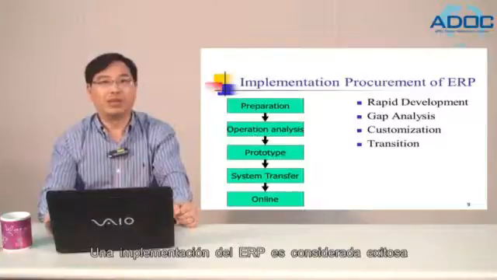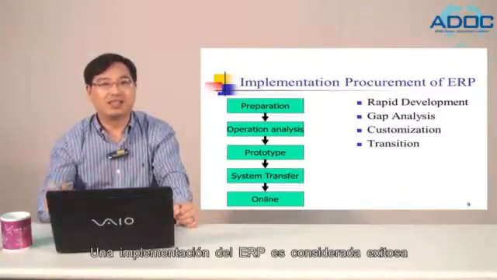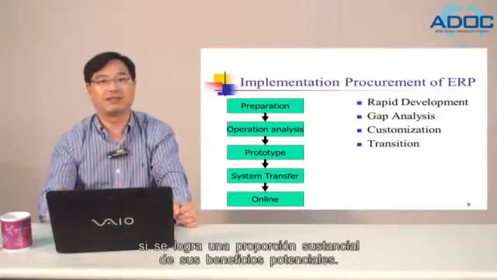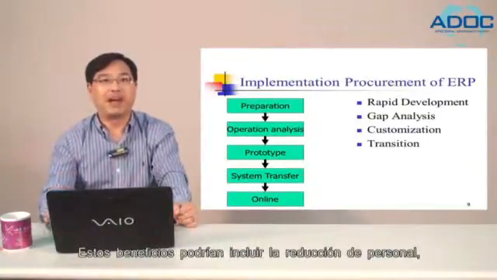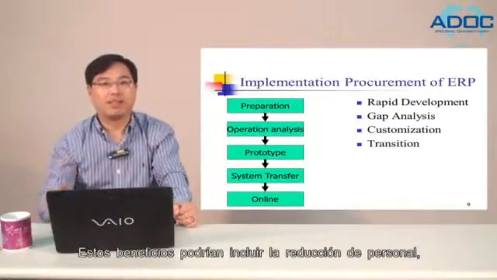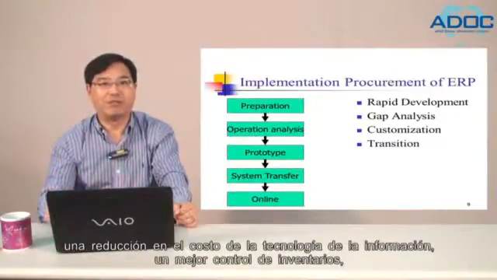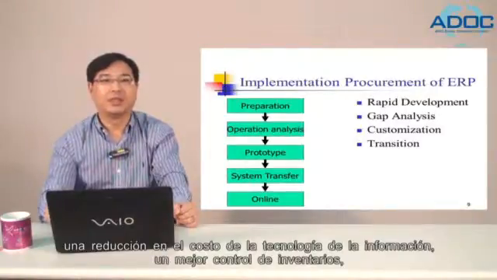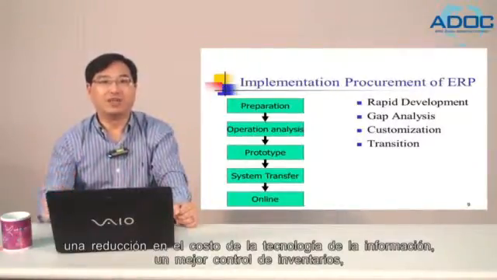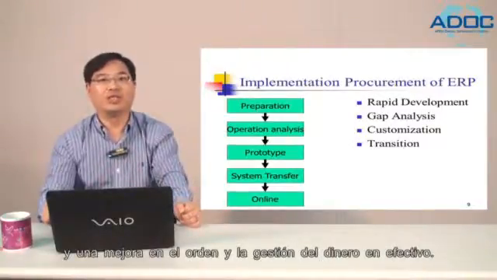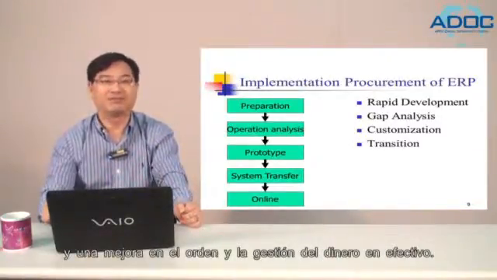An ERP implementation is considered a success if it achieves a substantial proportion of its potential benefits. These benefits might include personnel reduction, a decrease in the cost of information technology, better inventory control, and an improvement in order and cash management.